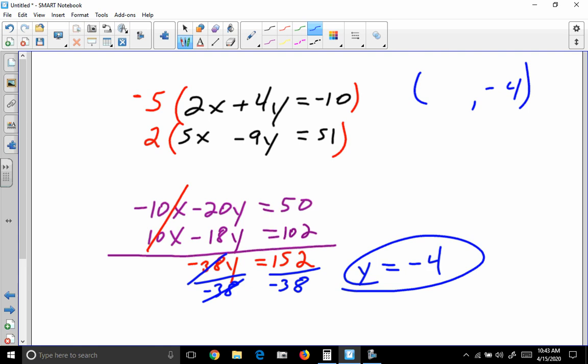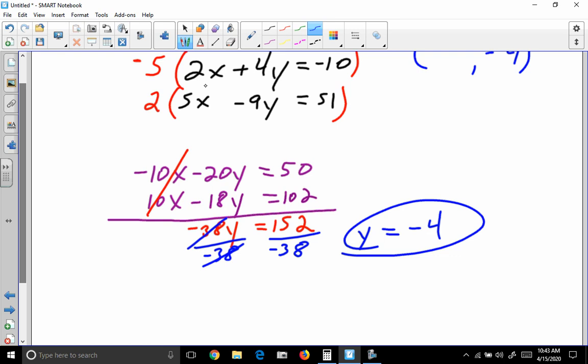Now we just need the x. So we can pick either one of these equations or either one of these equations and substitute this in for y and find x. So I'm just going to take the very first equation, 2x plus 4 times y equals -10, and in place of the y, put in a -4.